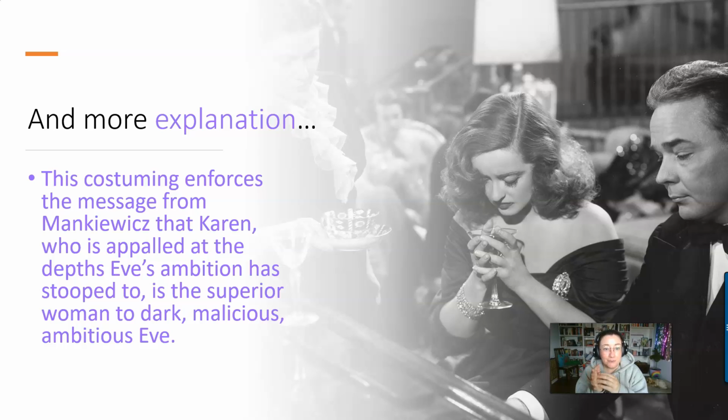This costuming enforces the message from Mankiewicz that Karen, who is appalled at the depths of Eve's ambition has stooped to, is the superior woman to the dark, malicious, ambitious Eve. Okay, so again, talking about how my evidence proves my point that ambition makes you unlikable.